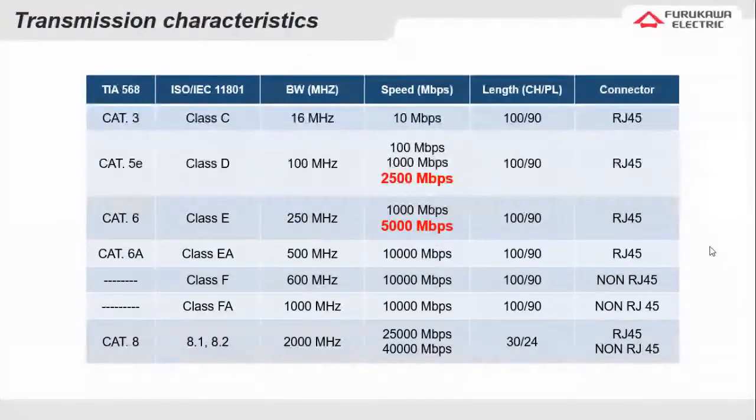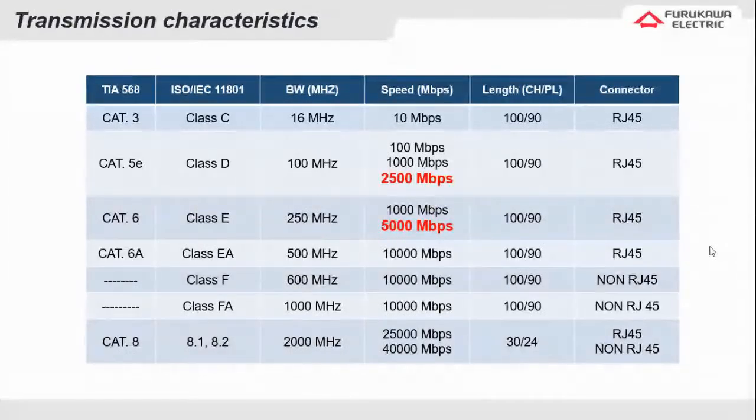In like manner, CAT.6 is an improvement on CAT.5e. It was first designed to support gigabit standard as well, but with frequencies of up to 250 megahertz, which considerably improves the network performance. And though it was not initially designed for it, should we need to work with the 5 gigabit per second standard, CAT.6 will indeed support it.